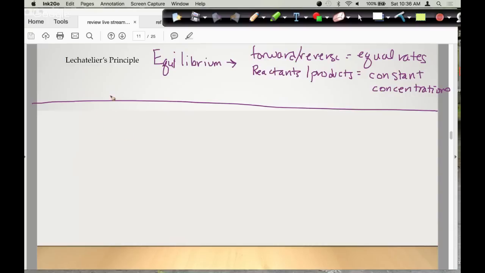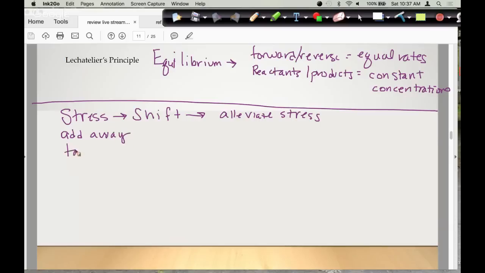When we've reached this situation, if we apply a stress to a system, we will have a shift in the equilibrium, which will alleviate the stress. And we used add away and take towards to predict this.